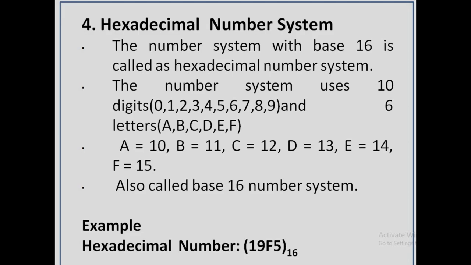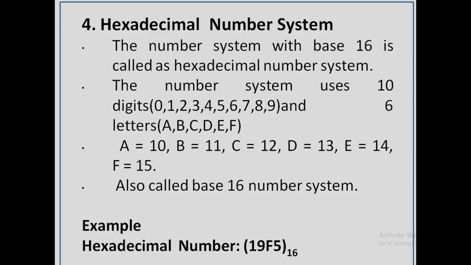Next number system is hexadecimal number system. The number system with base 16 is called as hexadecimal number system. The number system uses 10 digits 0 to 9 and 6 letters A to F. So total 16 symbols are there. That's why its base is 16.